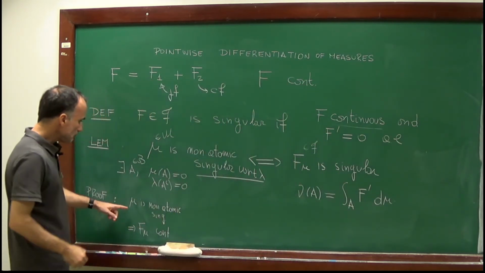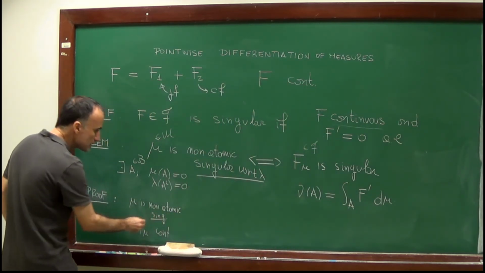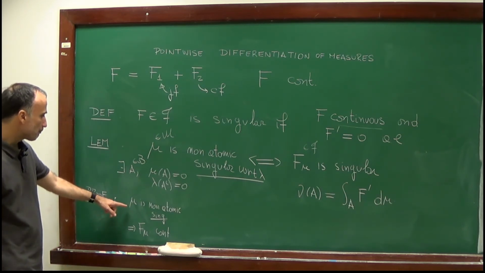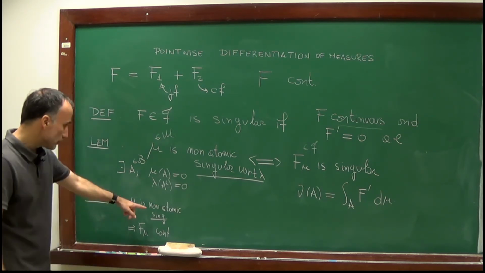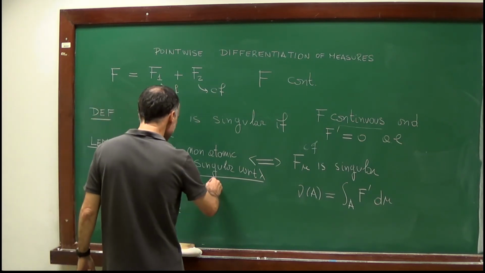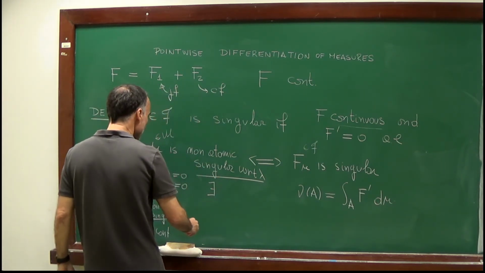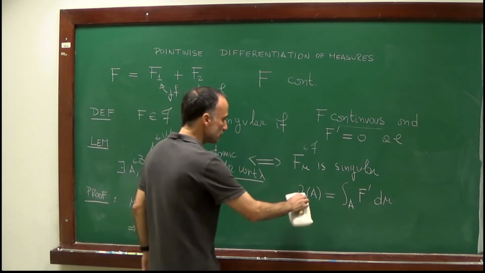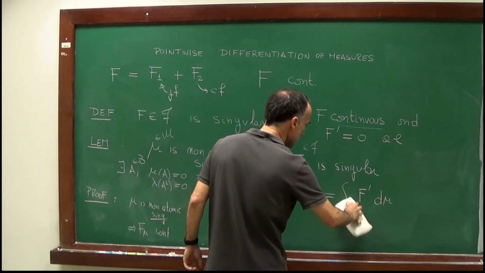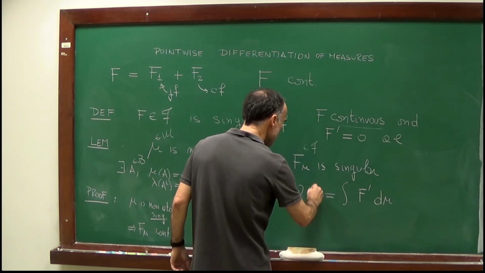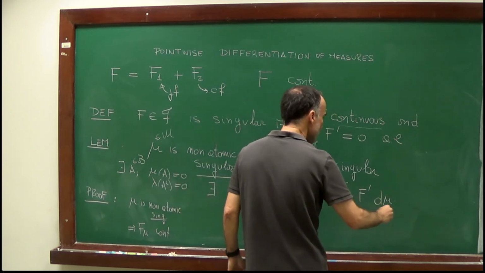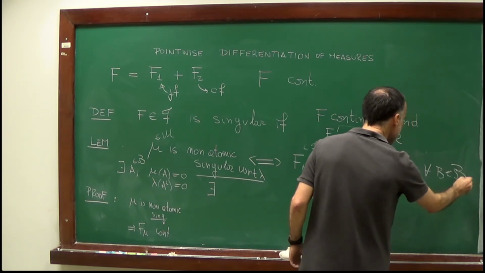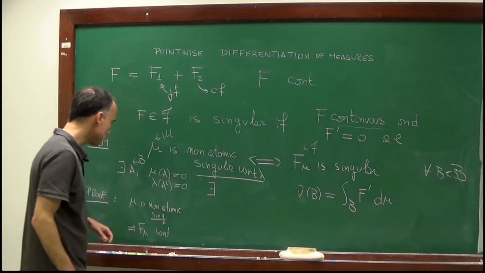Now I know that mu is singular with respect to Lebesgue. Here I called A over there A, so maybe let me not use the same set. So this is B, and this holds for all B in B. Okay, so this is the definition of my measure nu.